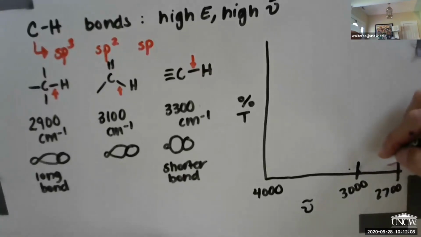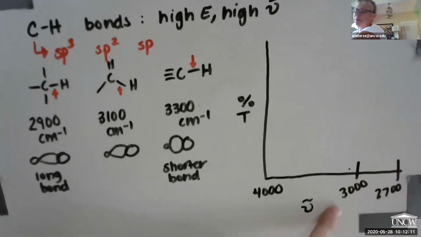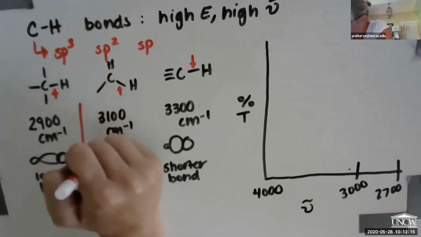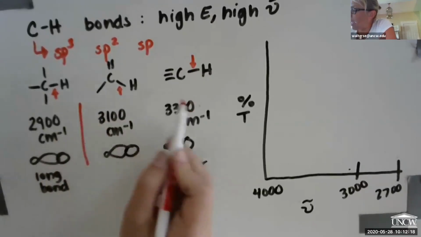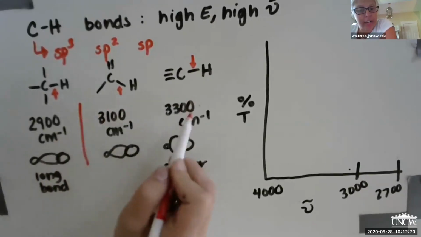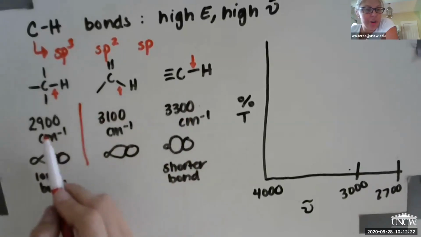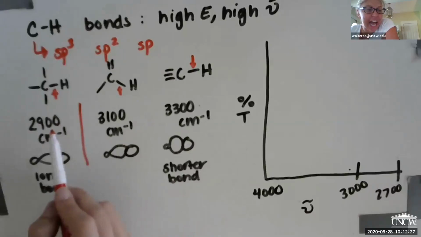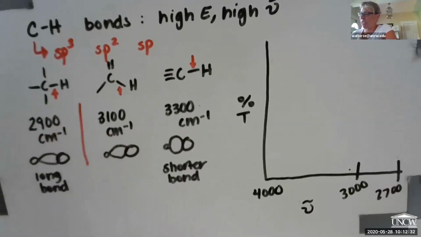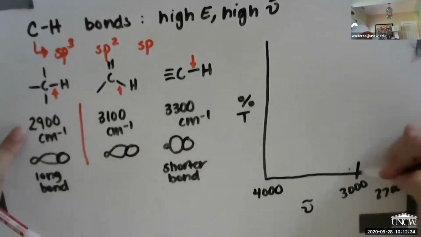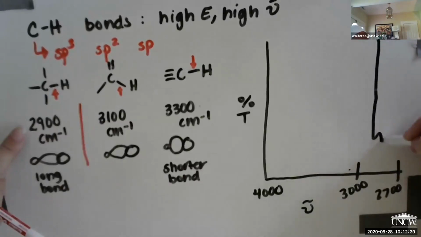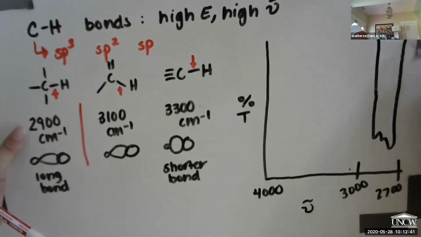Now the reason I have the 3000 point on here is that it distinguishes whether or not you have an alkene or an alkyne. Because if your molecule only has sp3 carbons, you won't see anything higher than about 3000 wave numbers, 2900. So the feature between 3000 and 2300 always looks like this, with a lot of squiggly lines.